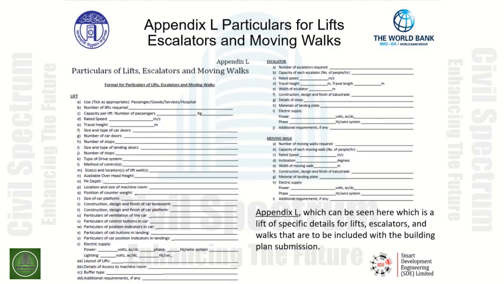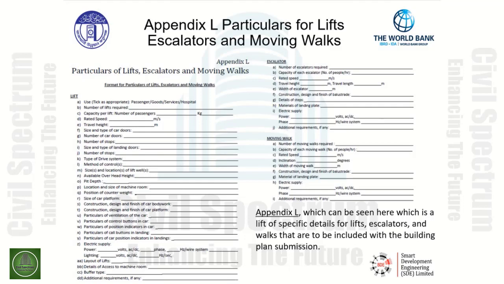The lift category indicates several items that must be indicated, such as number of lifts required, rated speed, travel height, just to name a few, including the type of drive system indicated in item K. The pit depth is important as well.